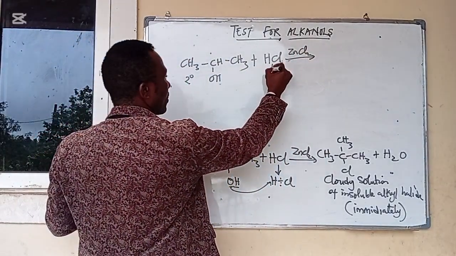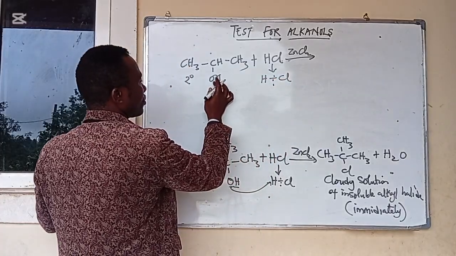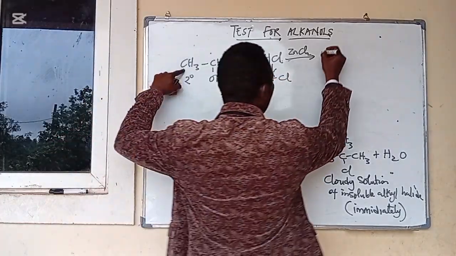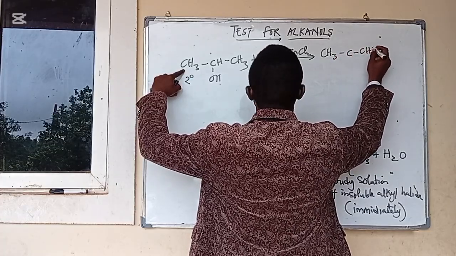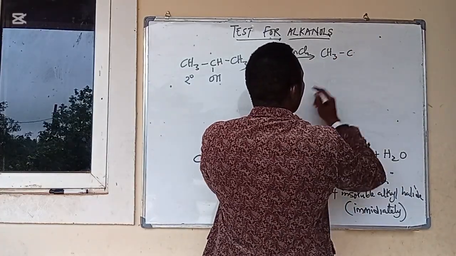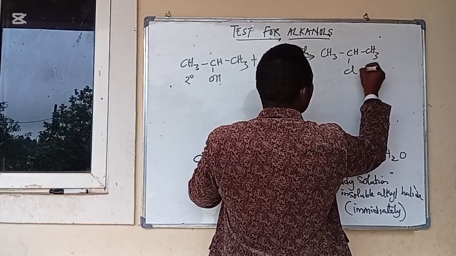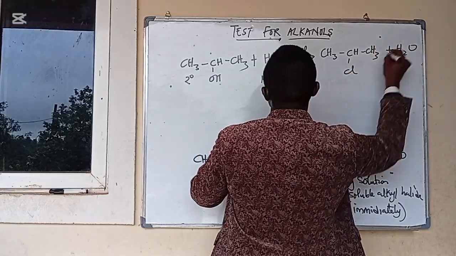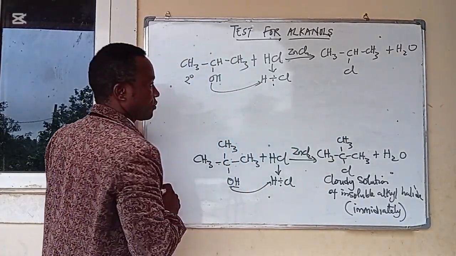The same thing happens here: chlorine will replace OH, so that what we'll be having is CH3CHClCH3 plus H2O, because the OH will pick hydrogen to give you water.